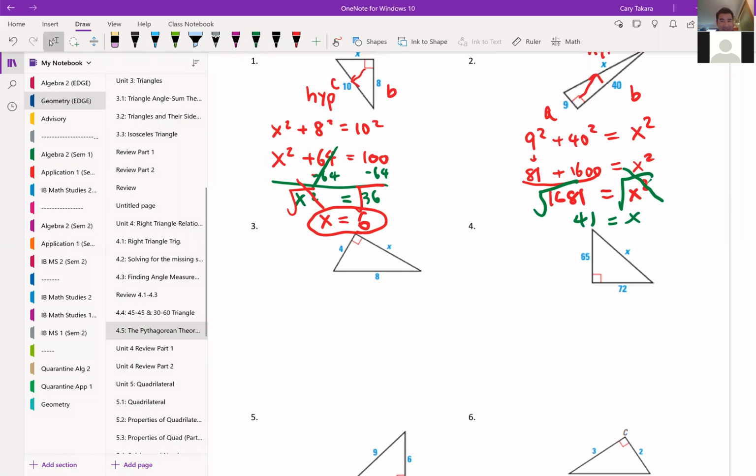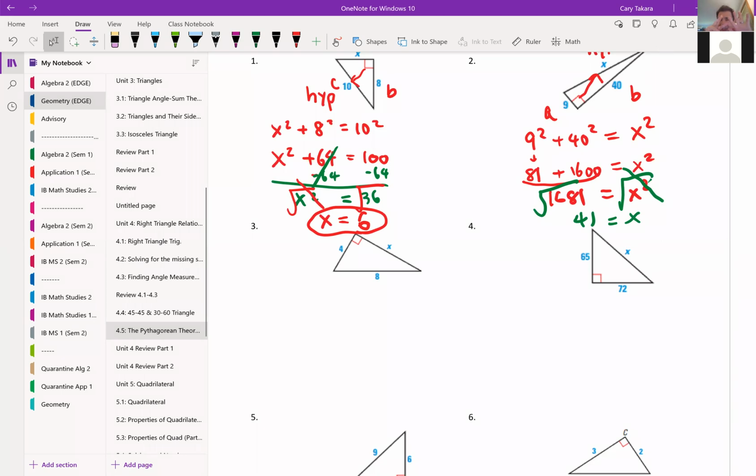Are you guys getting the hang of this? Somewhat? Let's work on number 3. Let's do this one together one more time, okay? So let's do this one step at a time. I'm going to ask you a question and you tell me, which number is going to be representing the hypotenuse? Is it 4? Is it X?